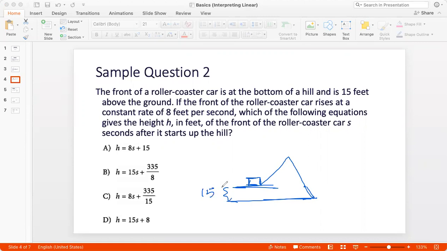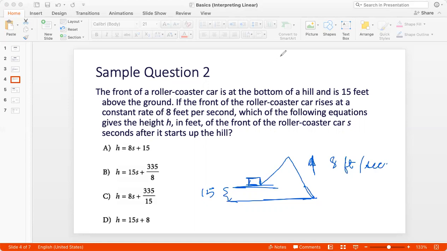If the front of the roller coaster car rises at a constant rate of 8 feet per second, which of the following equations gives the height in feet of the roller coaster car s seconds after it starts up the hill?